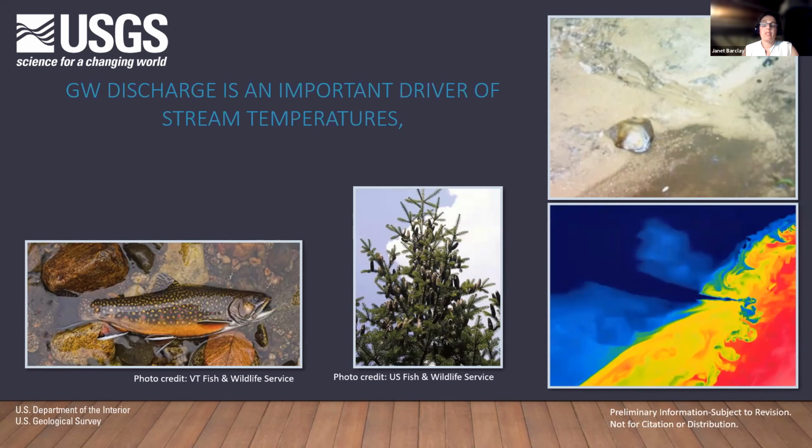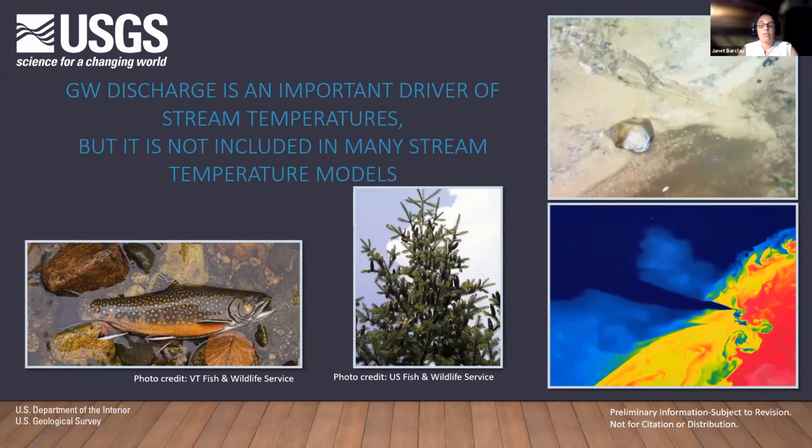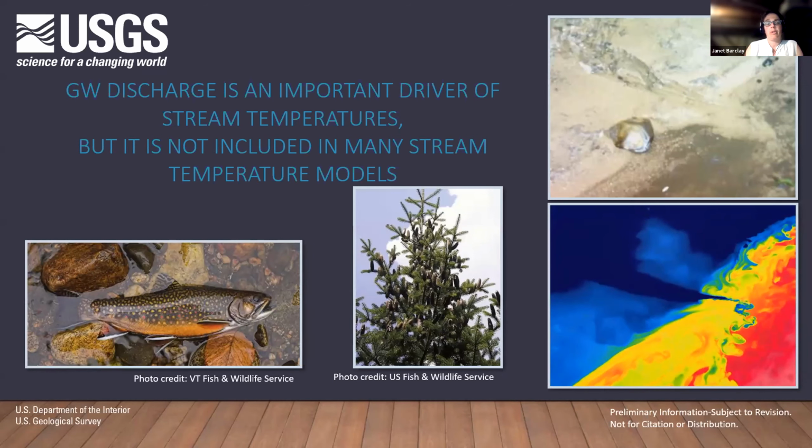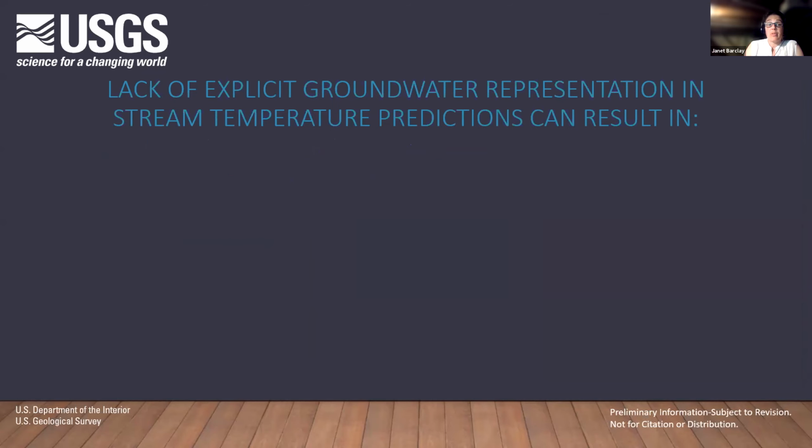Despite the importance of groundwater discharge to stream temperatures, many temperature models do not explicitly incorporate groundwater discharge. Lack of this explicit representation can result in at least a couple of problems. First, omitting groundwater discharge dynamics likely results in temperature predictions that are less accurate, particularly in areas with heterogeneous groundwater discharge.